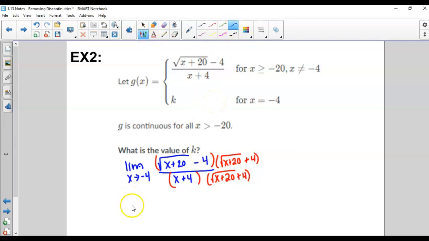And when we do that, we're going to have the square root of x plus 20 times the square root of x plus 20 is x plus 20. The middle terms are going to cancel, and then we've got to do negative 4 times positive 4, so we get negative 16 over x plus 4 times the square root of x plus 20 plus 4.